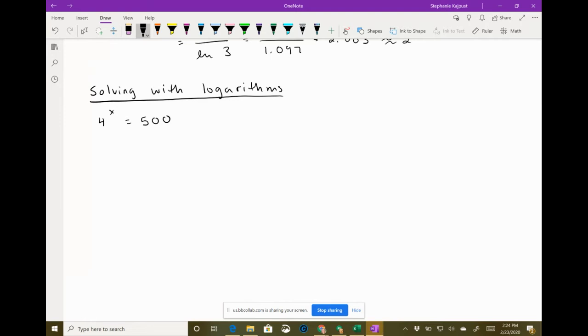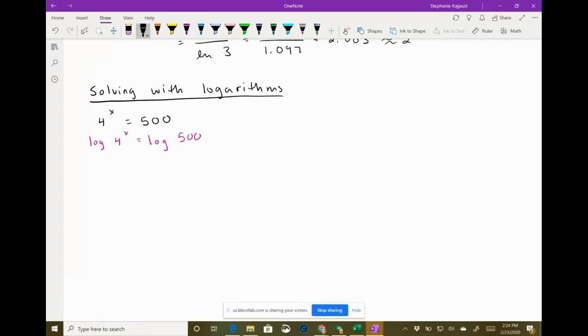So when we're solving with logarithms, the logarithm gives you your exponent. So what you do is you take the logarithm of both sides. So we have a new technique to solve, and that's by taking the log of both sides. So you would have the log of 4 to the x equals the log of 500.